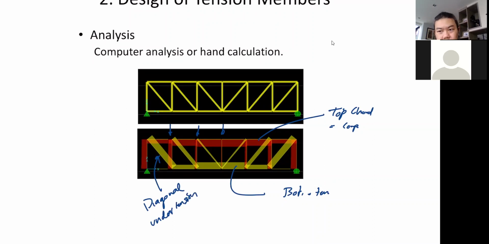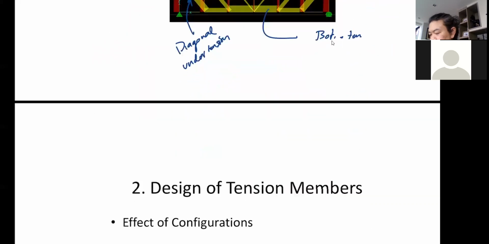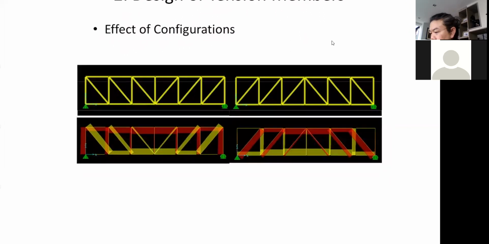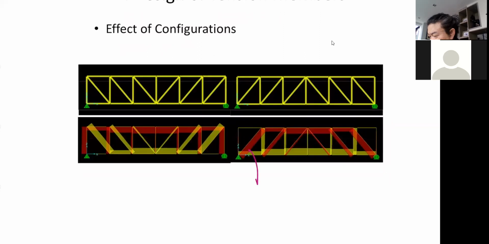However, if you invert this truss configuration into something like this, on the right instead of the one on the left, which I just showed in the previous picture, notice that here the diagonal web is under compression instead.